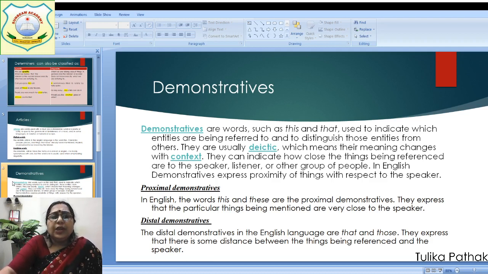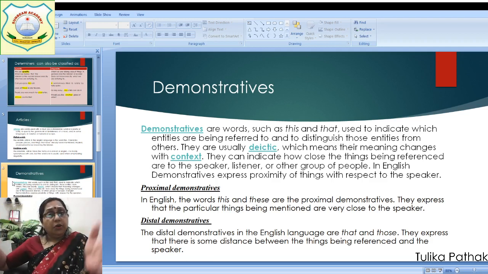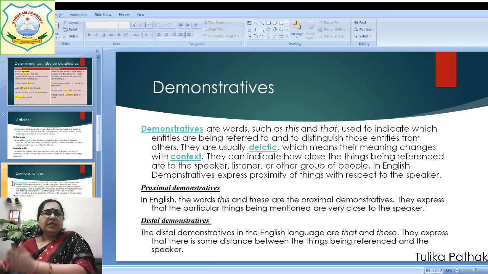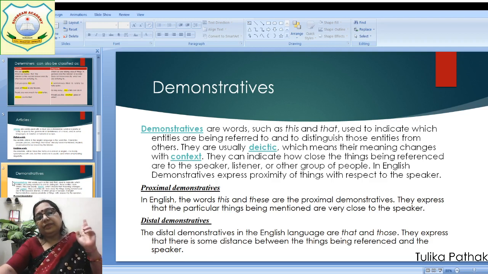It is used to indicate which entities are being referred to and to distinguish those entities from the others. When I say, come children, collect your notebooks, these are your notebooks. So you know that these are my notebooks. They are usually deictic, which means that their meaning changes with the context.